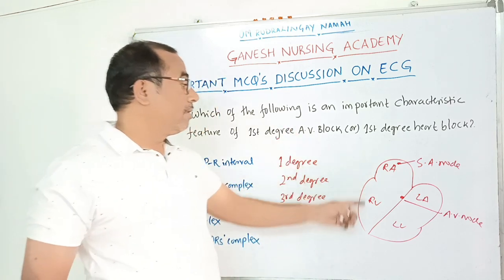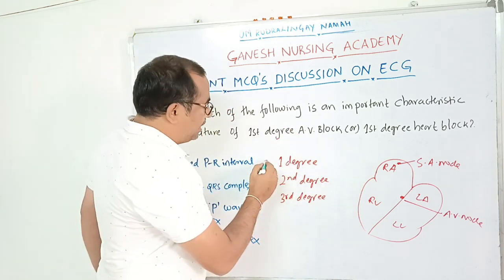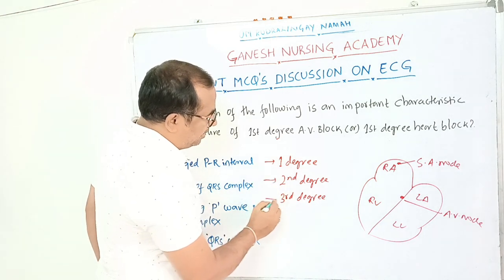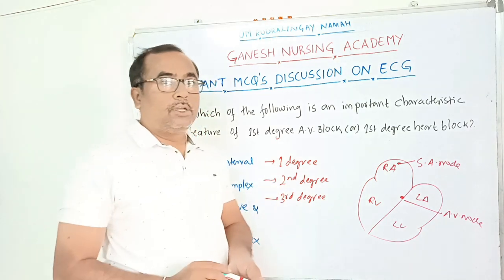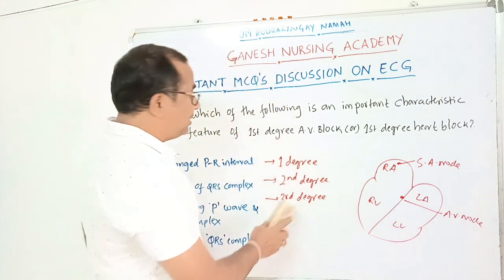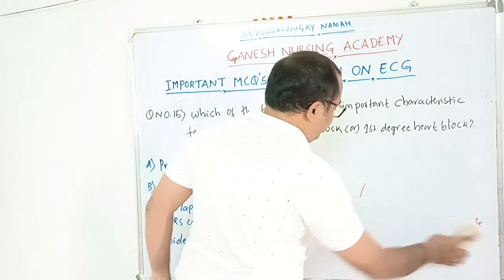So we can classify atrioventricular block or heart block into three types: first degree, second degree, and third degree heart block. So what are the characteristic features of first, second, and third degree heart block?